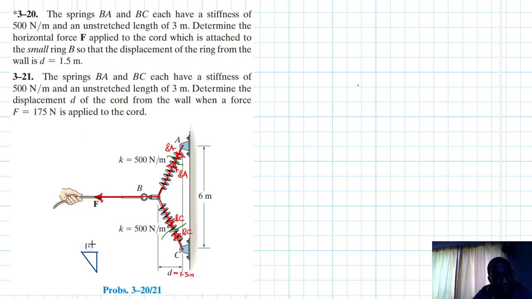So this is 1.5, and then we have the run, because this mid length here is equal to this one here. This is equal to 3, just 3.